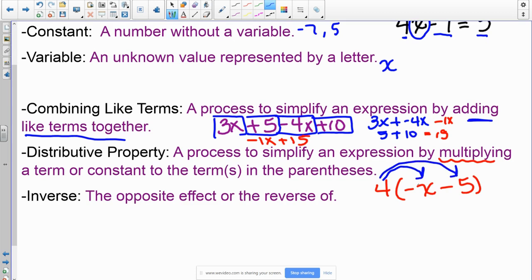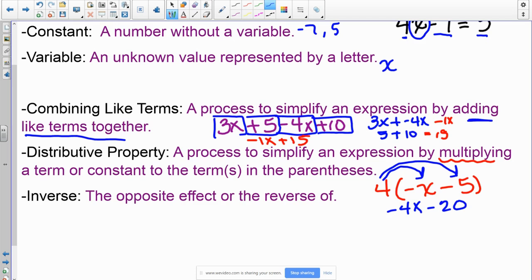So we're going to take 4 times -x, which is -4x, and we're going to take 4 times -5, which is -20. So I did that, and I simplified it. Actually -x is a term because there's a coefficient of -1, and then a constant, and I multiplied them to get simpler terms.